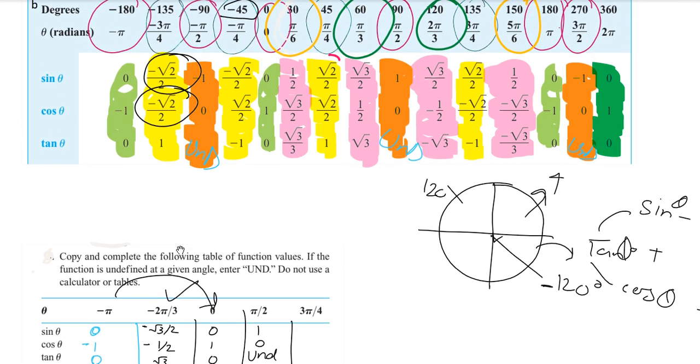You have to memorize these whole values and do the question on your own. Okay, 135 degrees lies in the second quadrant, and over here only the sine value will be positive and other two will be negative.